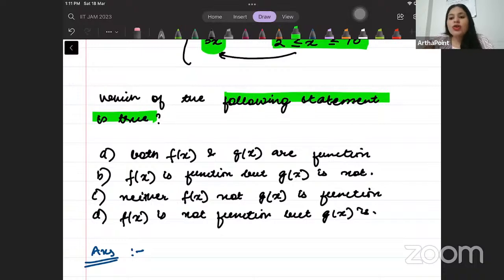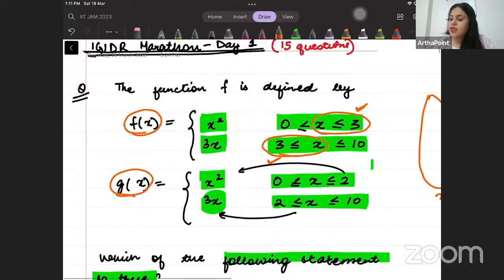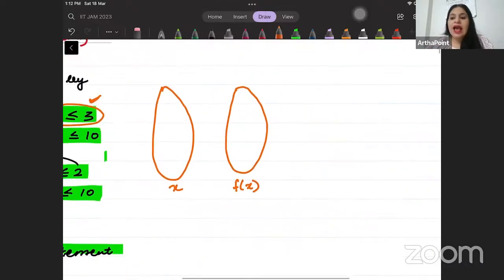To do such questions, we must know the definition of a function. What is a function? We have a function as long as one value of x links to only one value of y.